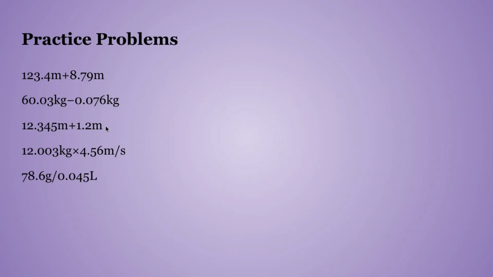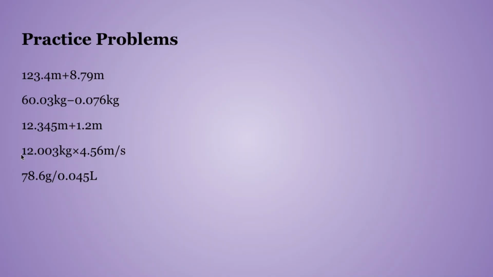It's the same thing for this. 12.34 plus 1.2. The least amount of decimal places is 1 because of the 1.2. So in your answer, you would round to 1 decimal place. 12.345 plus 1.2 gives 13.545. Since you're only using 1 decimal place, you do 13.5.